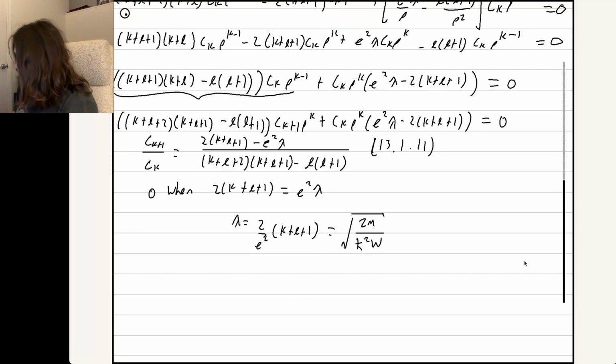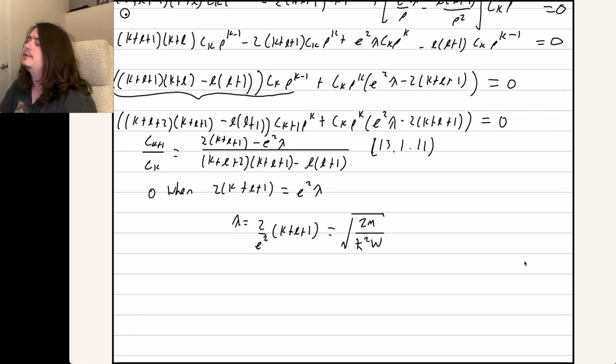And so when the recursion ratio is equal to 0, that's the point where your energy is entirely in your potential, so it will be equal to minus work. So E equals minus work, and then we just solve this equation for work.